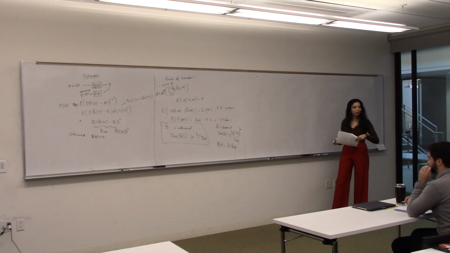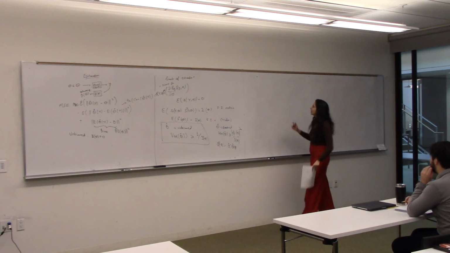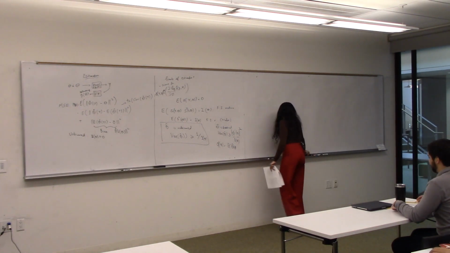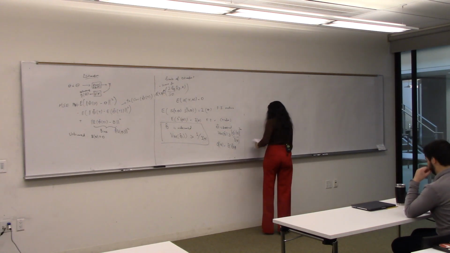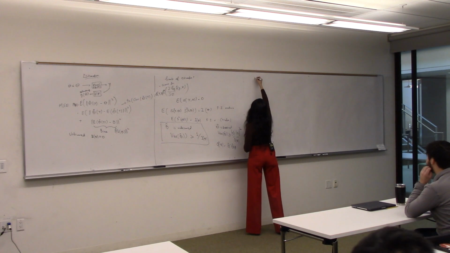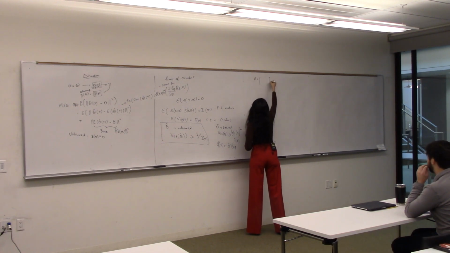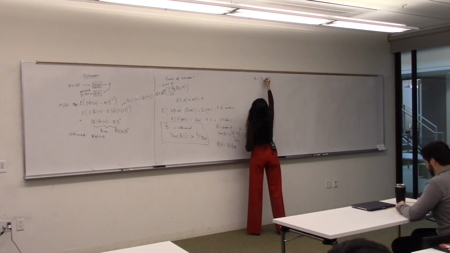Okay, so how many of you remember the Schur complement? Kinda? Okay, let me remind you. The Schur complement is one of block diagonalization. So let's do the 2 by 2 case. Let's say I have a matrix A with 4 entries.